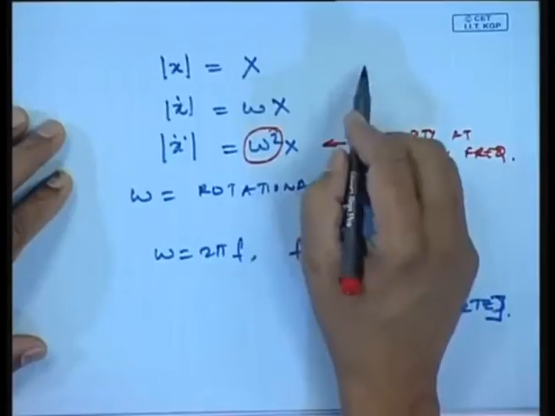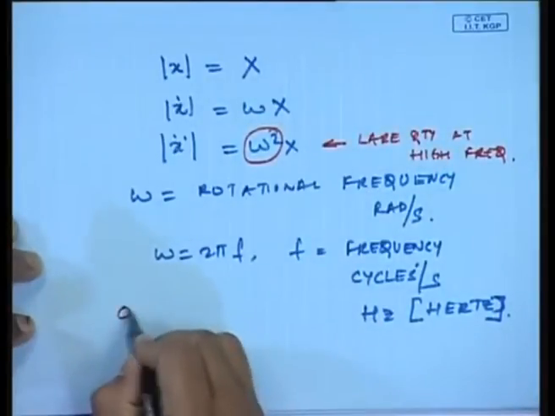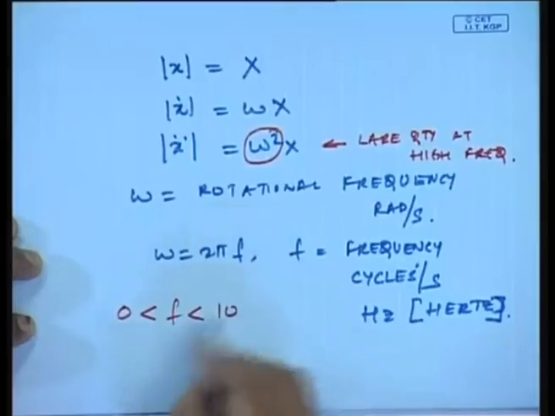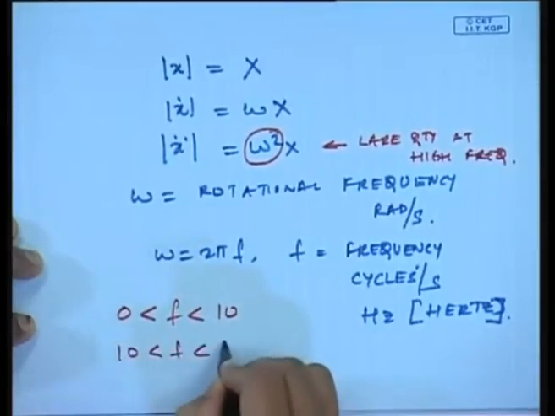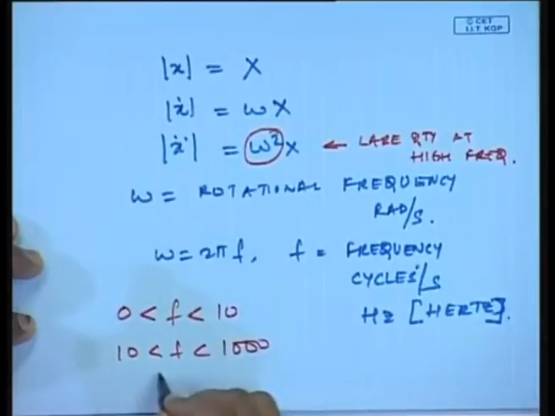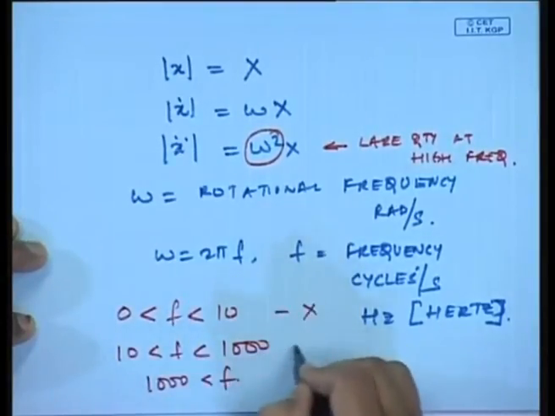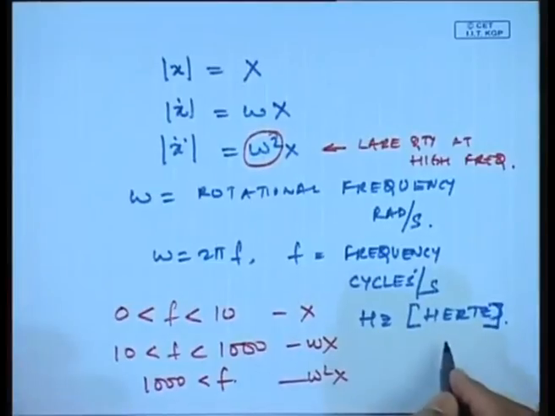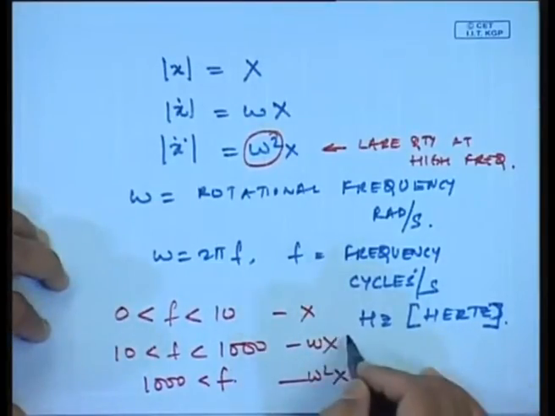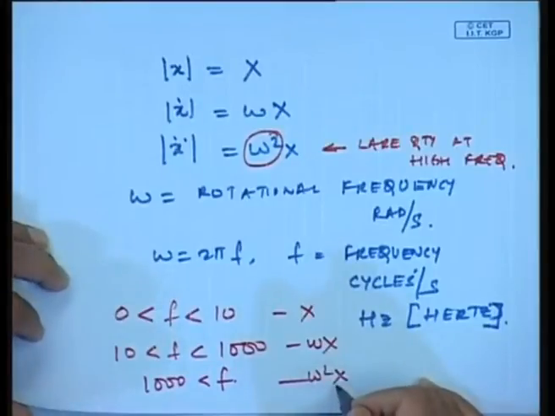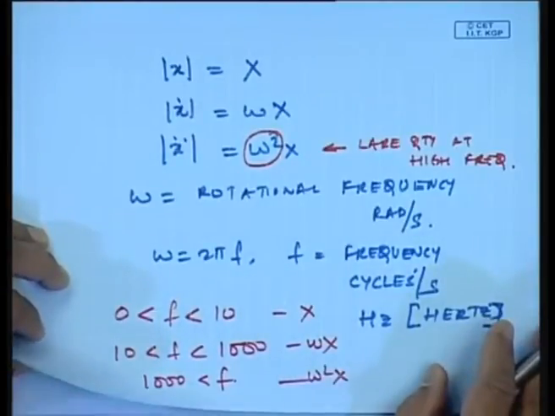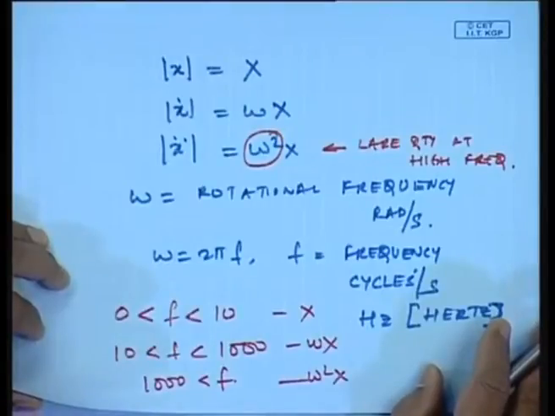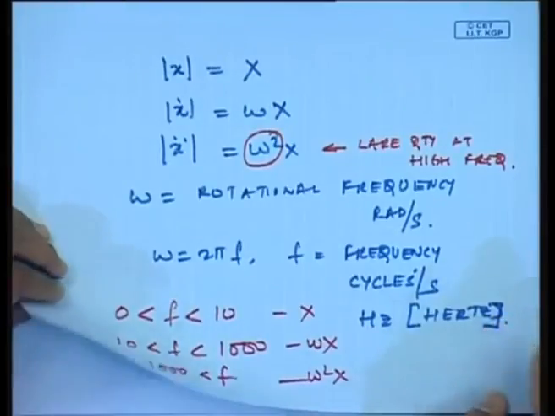And for intermediate frequencies, the rule of thumb is sometimes below 10, 10, and any frequency greater than that; this is for x, this is for omega x, and this is for omega square x. There are of course standards which also say whether you should measure displacement or velocity or acceleration. This is something you have to keep in mind as to what kind of response has to be measured and determined from mechanical systems which are vibrating.